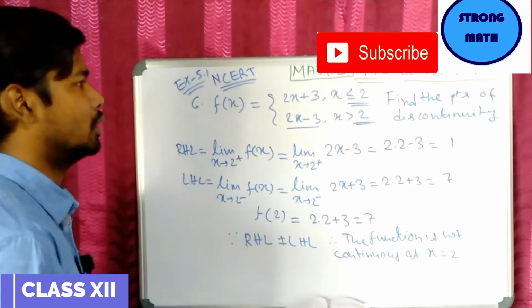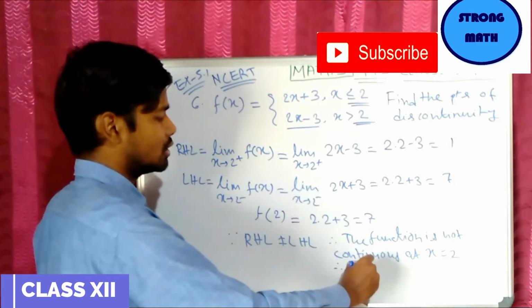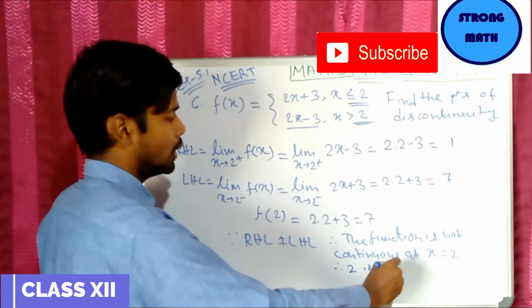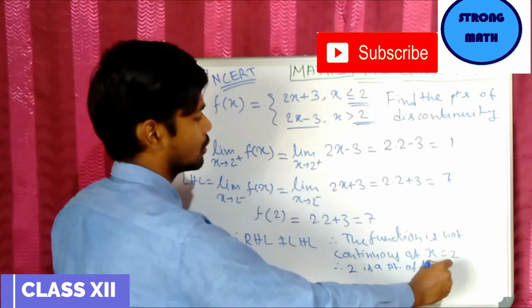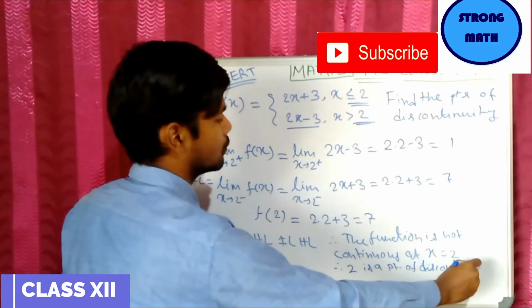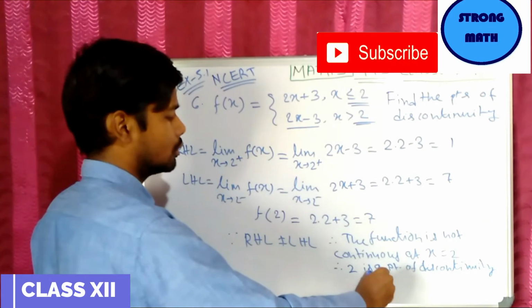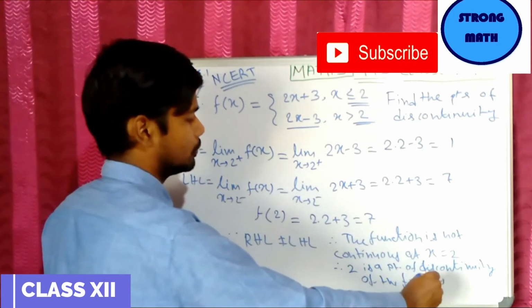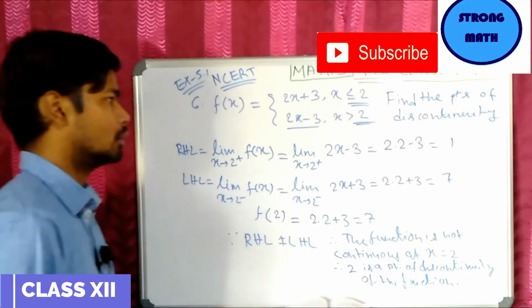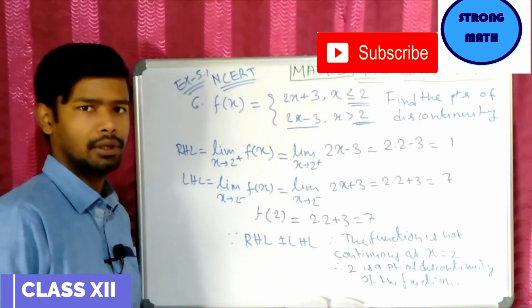We have to find the points of discontinuity, therefore 2 is a point of discontinuity of the function. Clear? This is the process to find the points of discontinuity, if they exist.